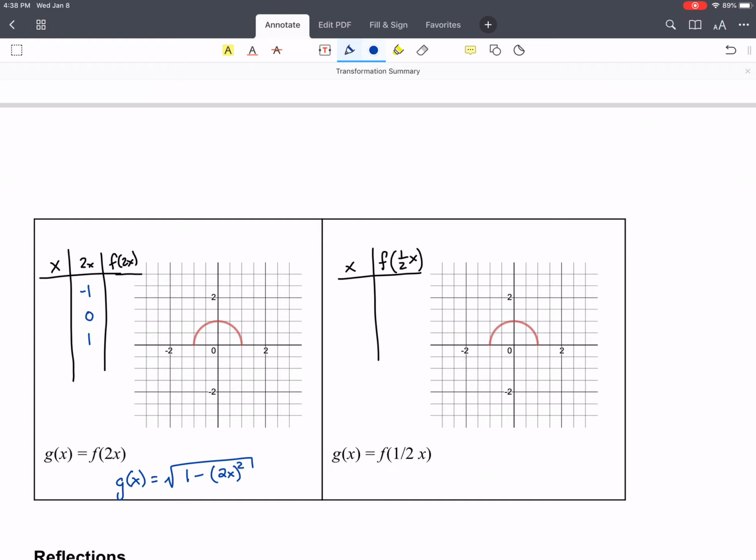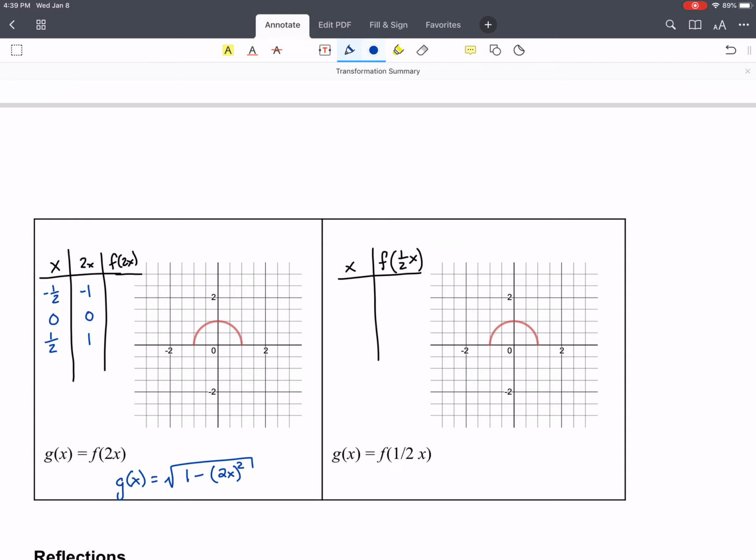So the values of x that I need to put into g to get the same outputs that I had for f are actually negative 1/2, because then 2 times negative 1/2 is negative 1, 0, and then 1/2, because again, 2 times 1/2 would be 1.